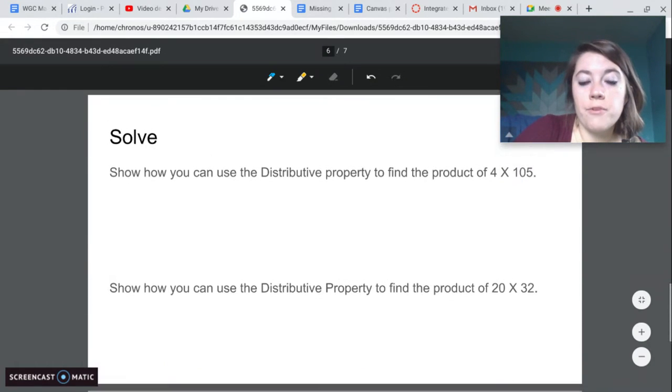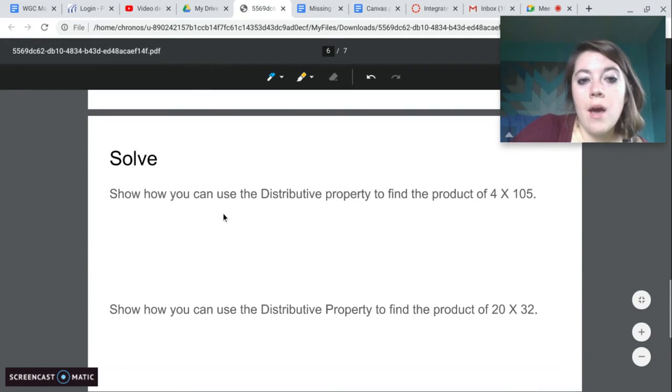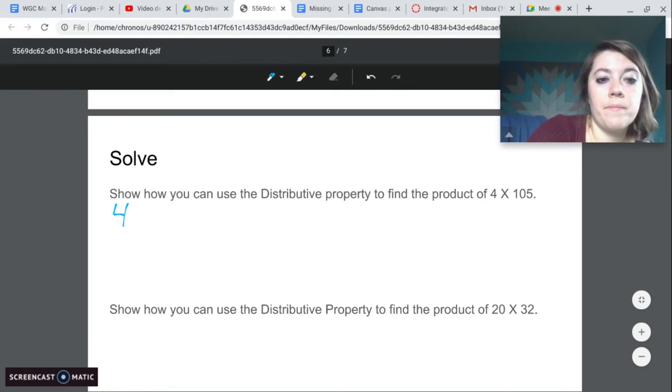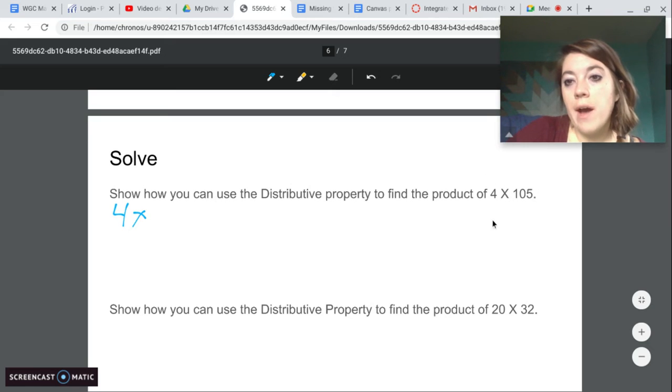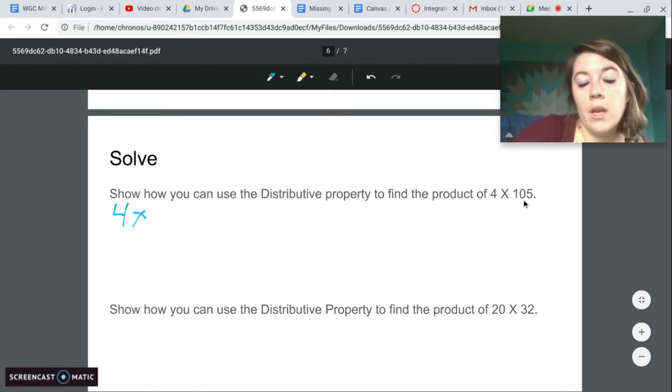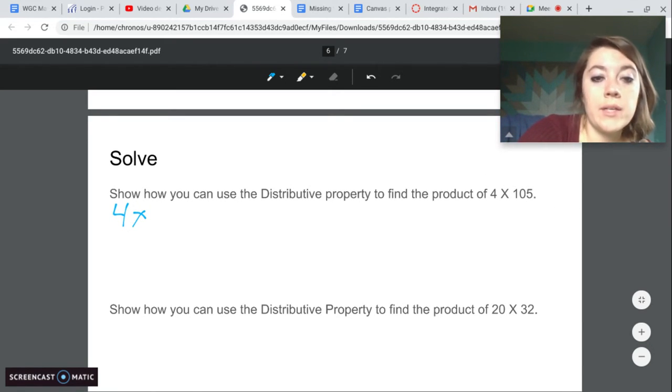So got a few more practice problems for us. How can you use the distributive property to find the product of 4 times 105? So 4 times, now we need to split our 105. What are we going to split it into? Easiest would probably be 100 plus 5.